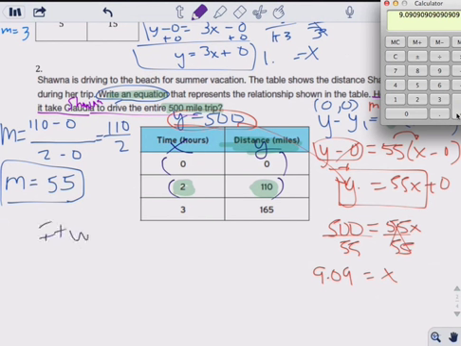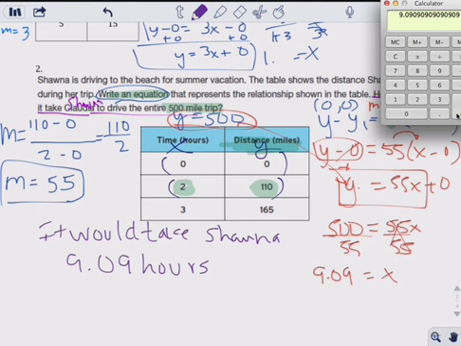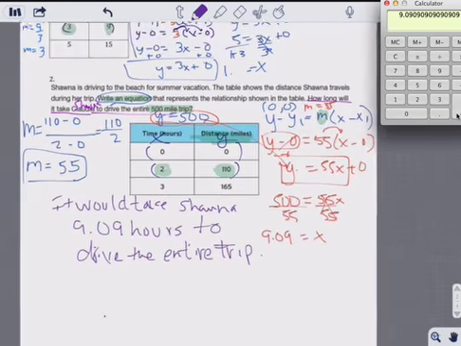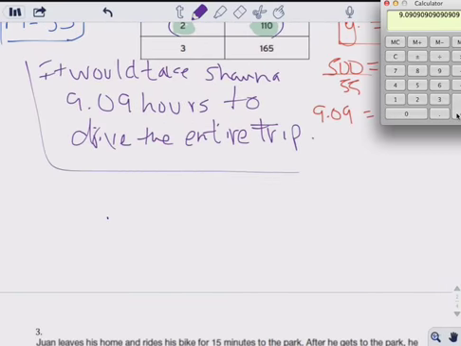It would take Shauna 9.09 hours to drive the entire trip. Okay, that's your answer.